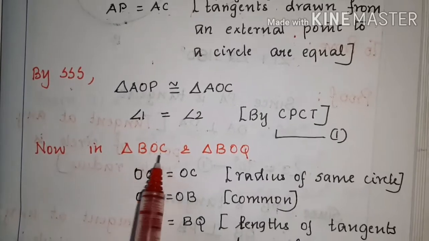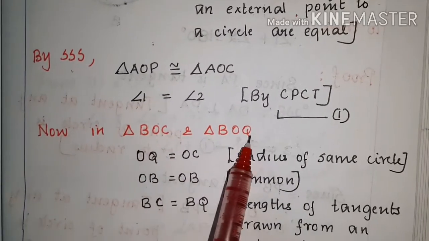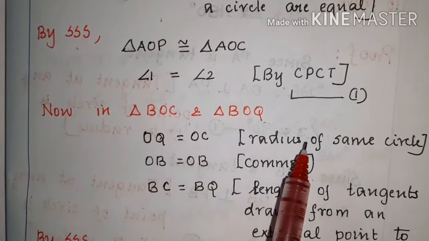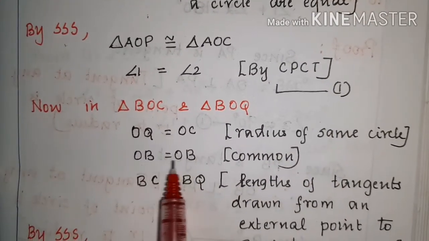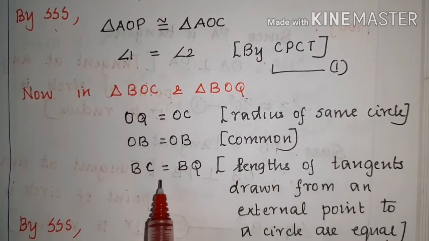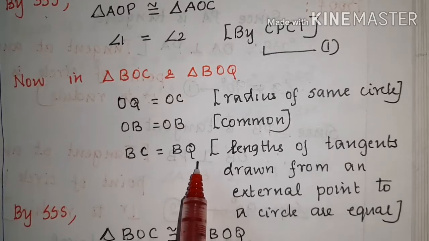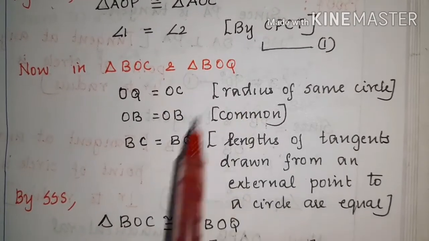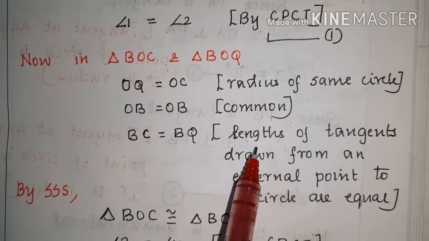So let's consider now triangle BOC and triangle BOQ. OQ and OC are equal because they are radius of the same circle, and OB, as I said, is the common side. And now from the external point, BC and BQ are the two tangents. So BC is a tangent, and for BOQ, BQ is a tangent. So what reason have you written?